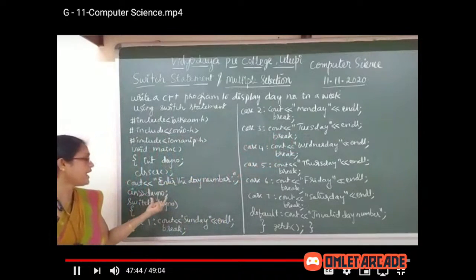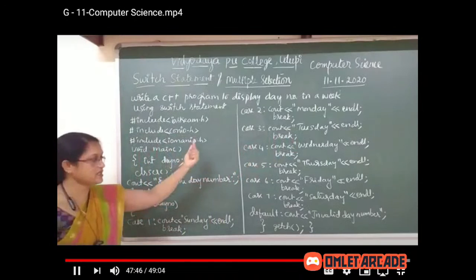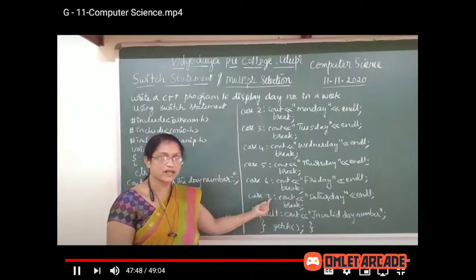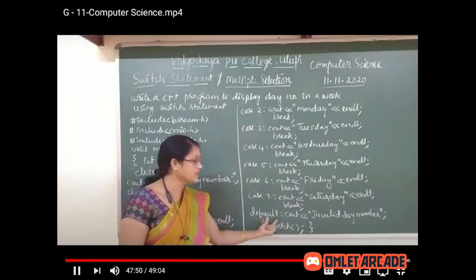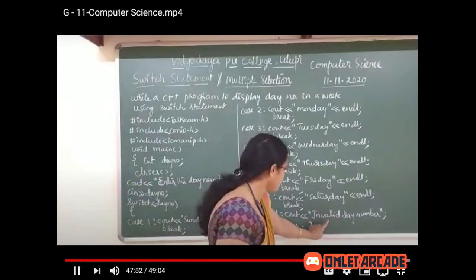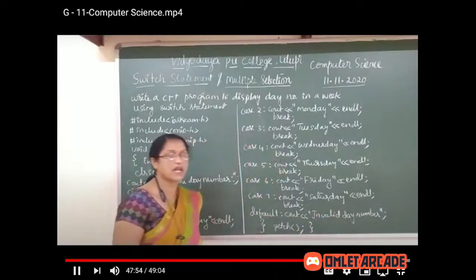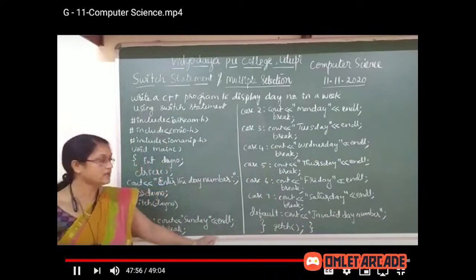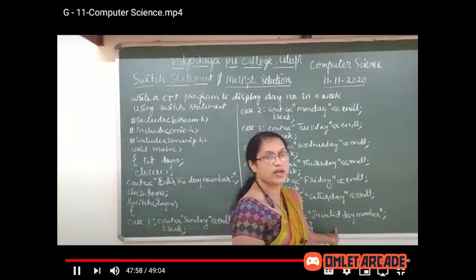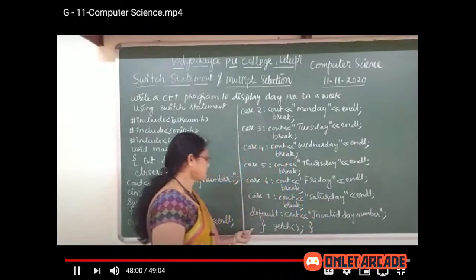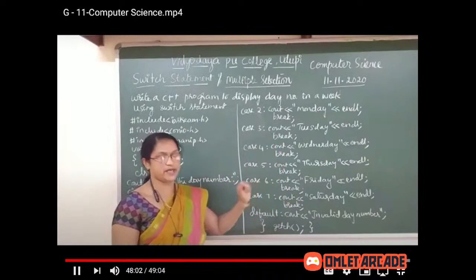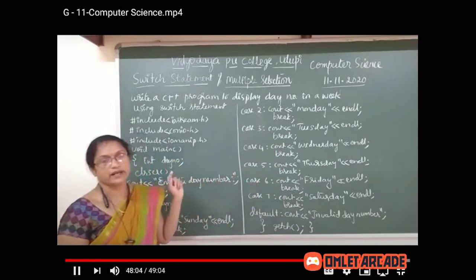In case you give 8, is 8 there in the list? No. So that is considered the default statement. We have given the default statement as invalid day number, so this will be displayed on the screen. Close the flower bracket, getch. Close the flower bracket again.